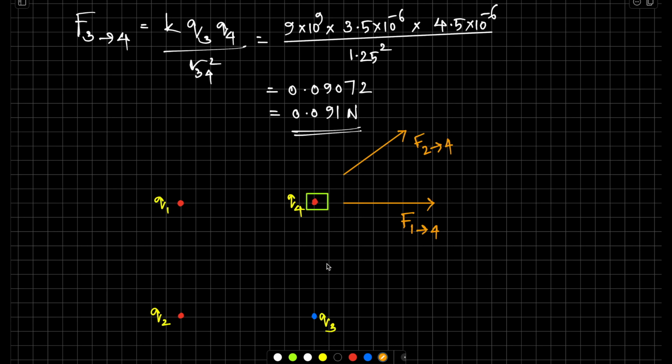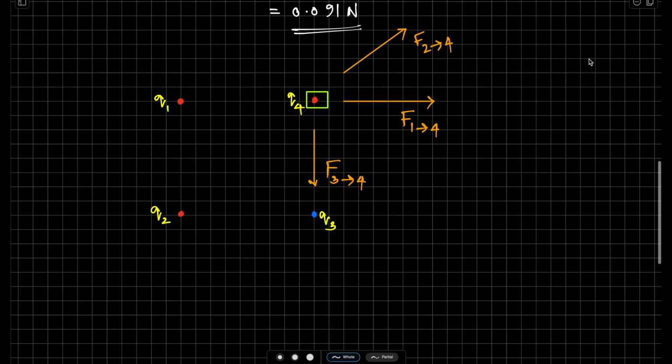What about Q3 to 4? Q3 is negatively charged, so Q3 will try to attract it. So this is the direction of F3 to 4. Okay, so now we have three different forces with three different magnitudes in three different directions.